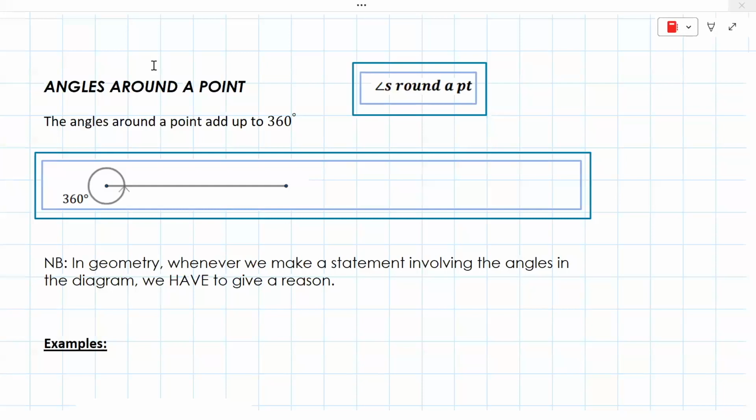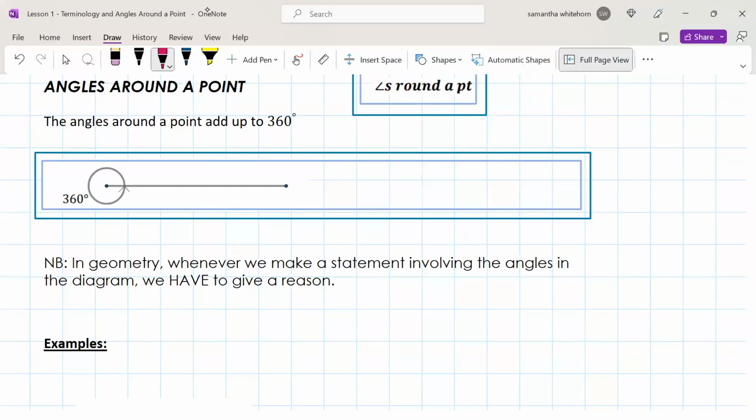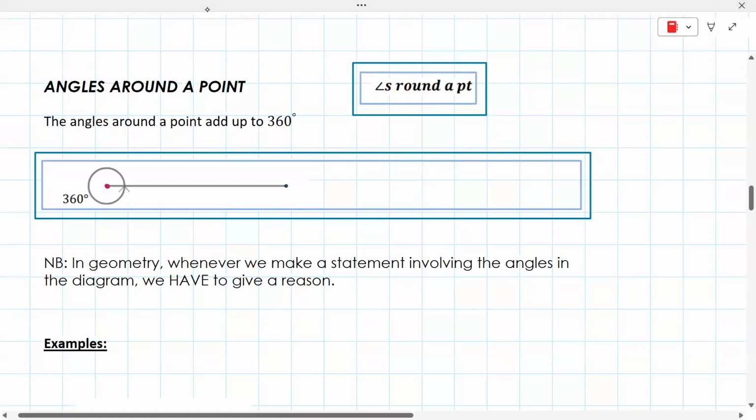Okay, now, if we think about what this actually means, this means that if I have a singular point, as I've shown you here on the diagram, and I were to add all angles around it, so imagine a whole bunch of different arms coming off that point. If I were to add all 5 of these angles around this one singular point, I will get 360 degrees.